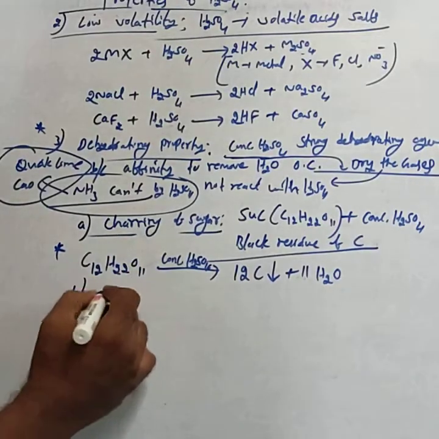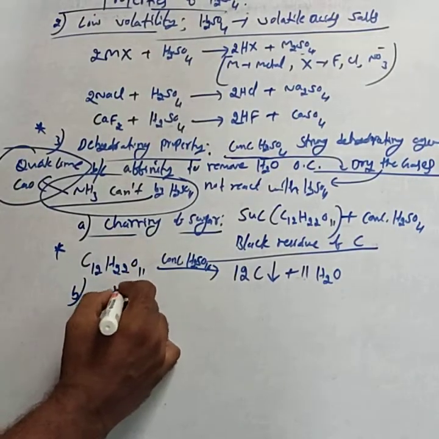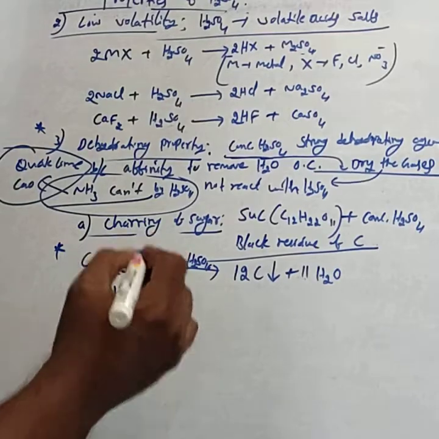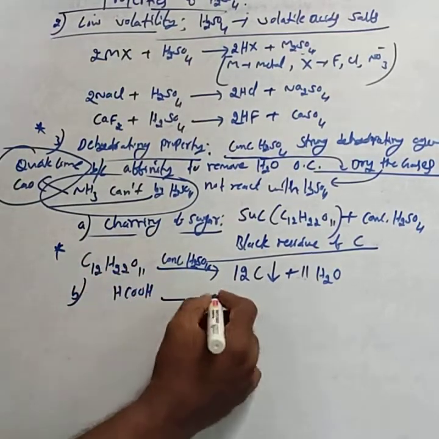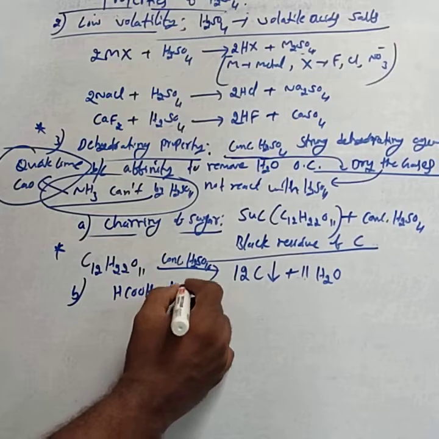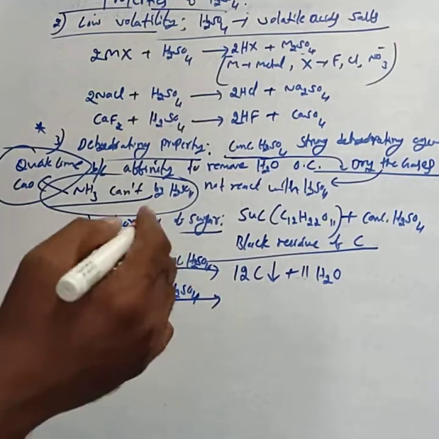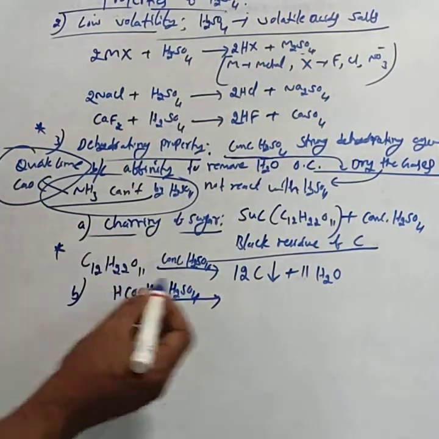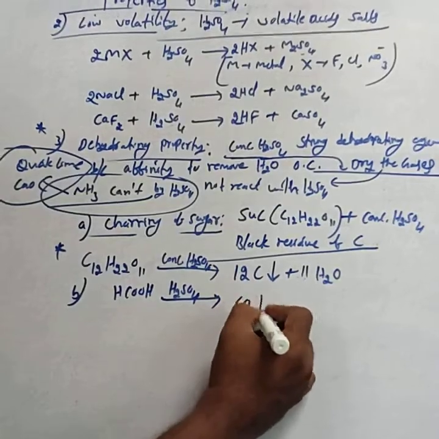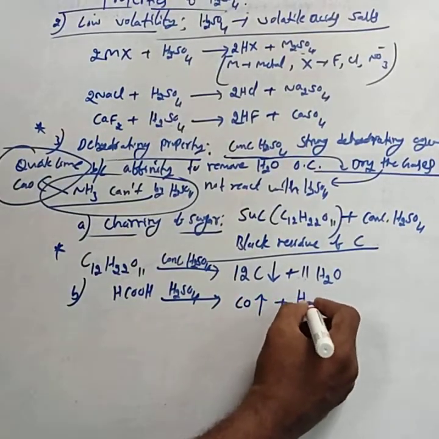Another example is that it dehydrates formic acid, HCOOH. Concentrated H2SO4 dehydrates formic acid. If sulfuric acid removes the water, the remaining compound is carbon monoxide.